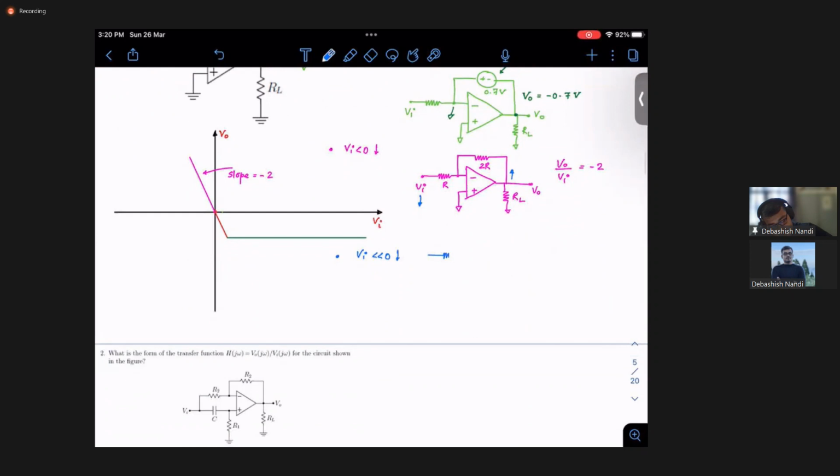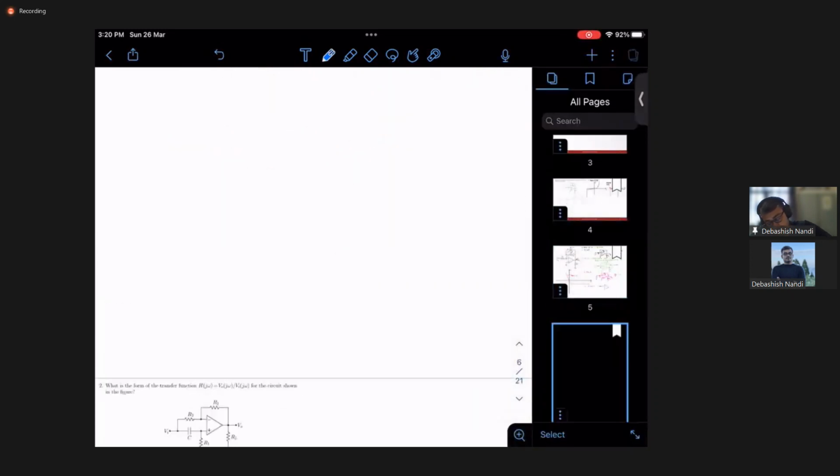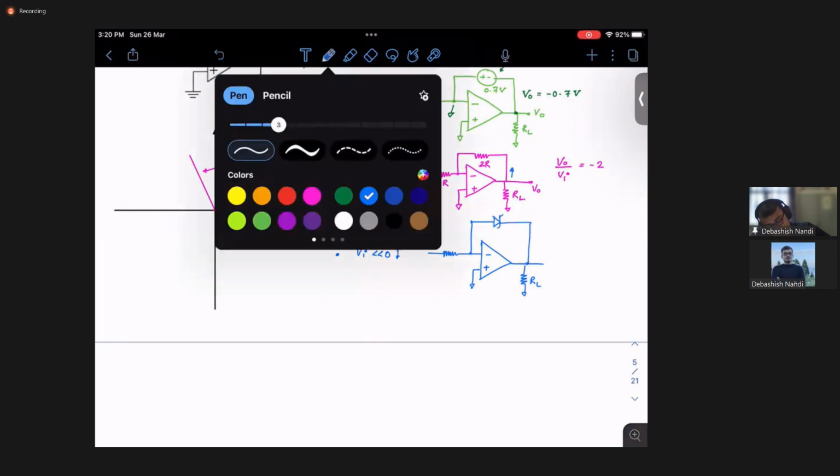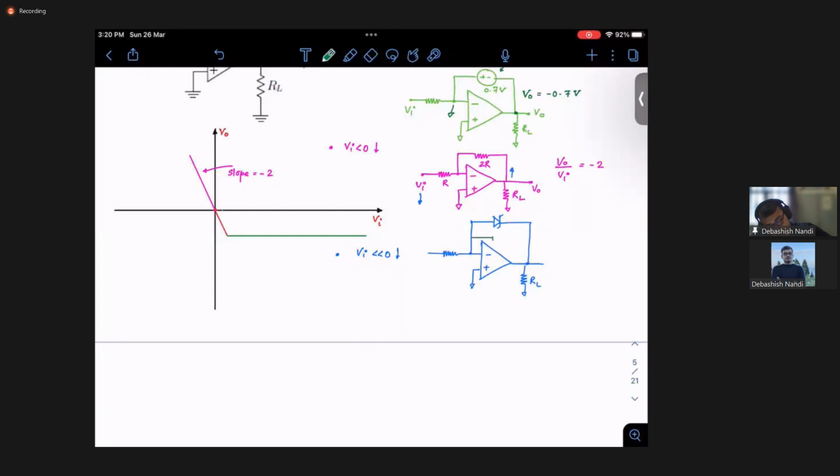You will encounter this kind of situation. Let me just add another page. You have this Zener diode, and let's say you had a resistance.